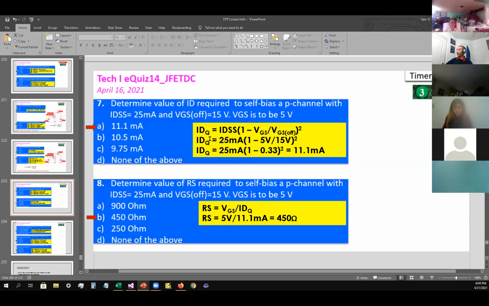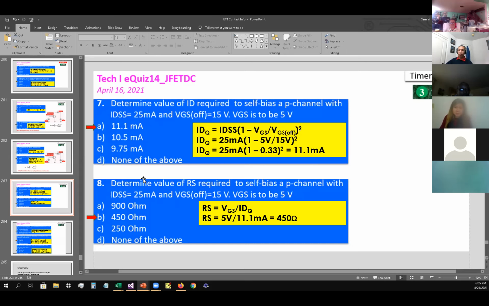We substitute into our formula: IDQ equals IDSS times the quantity 1 minus VGS divided by VGS(off), quantity squared. That's 25 milliamps times the quantity 1 minus 5 volts divided by 15 volts, quantity squared. Once you do the calculation, it comes to about 11.1 milliamps. So the answer is A for number 7.